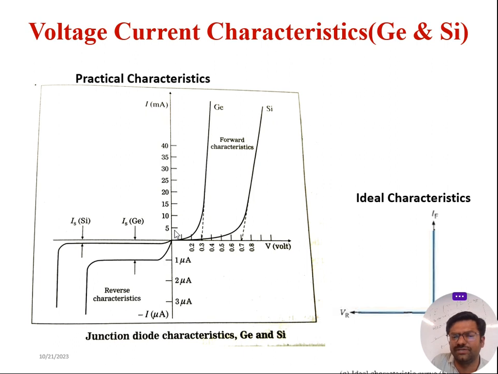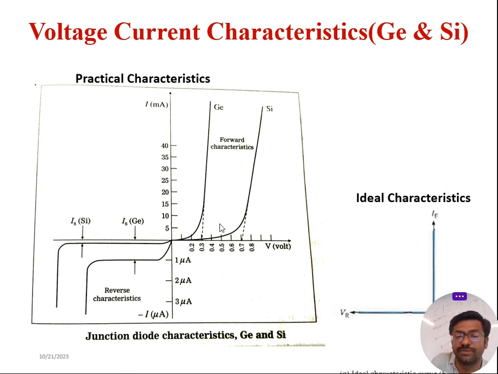From this it is interesting to see why we prefer silicon diodes compared to germanium diodes. The cut-in voltage is higher, but the reverse saturation current for silicon is very small, which implies the diode behaves as if it is off during reverse bias. During forward bias, the diode is on after 0.7 volt. Many people may say that 0.3 volt is better for germanium rather than silicon, but there are other advantages of silicon.